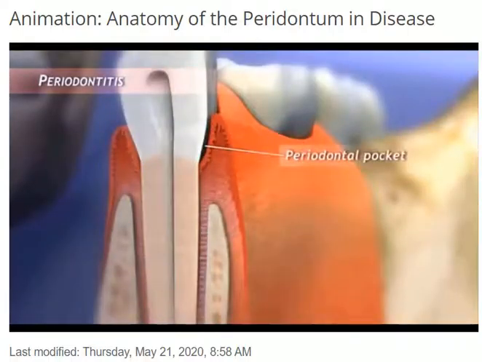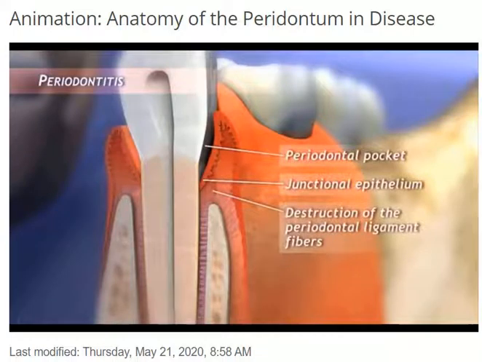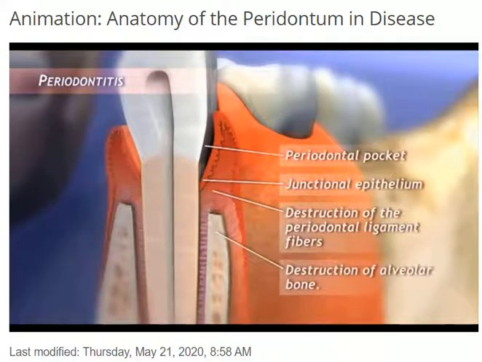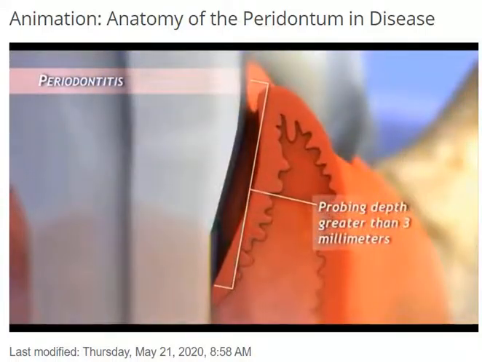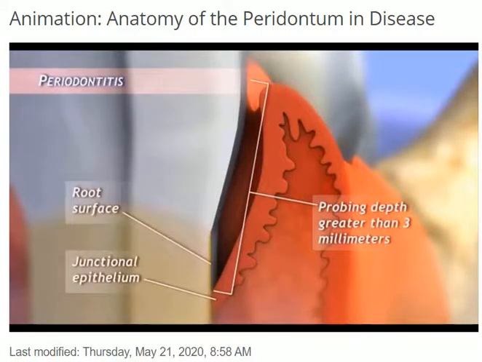A periodontal pocket forms as the result of a pathologic deepening of the gingival sulcus. Pocket formation occurs as the result of the apical migration of the junctional epithelium, destruction of the periodontal ligament fibers, and destruction of alveolar bone. Probing depths are 3 millimeters or greater in depth because the junctional epithelium is attached to the root surface.